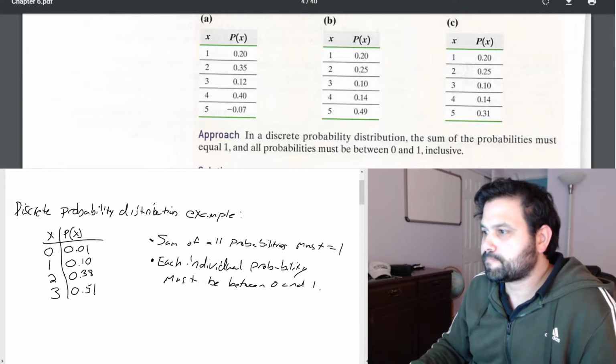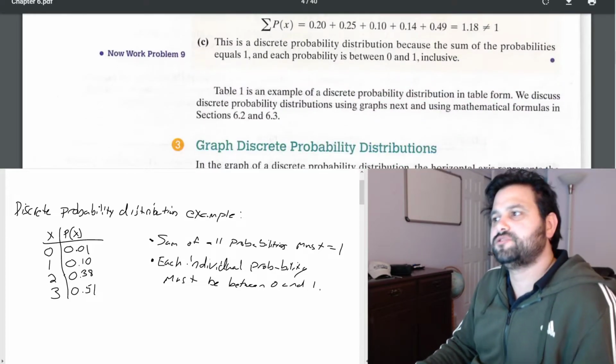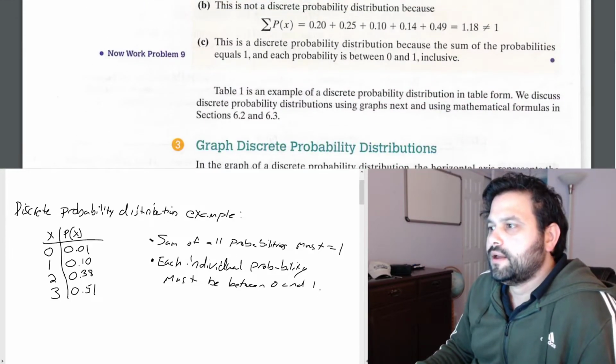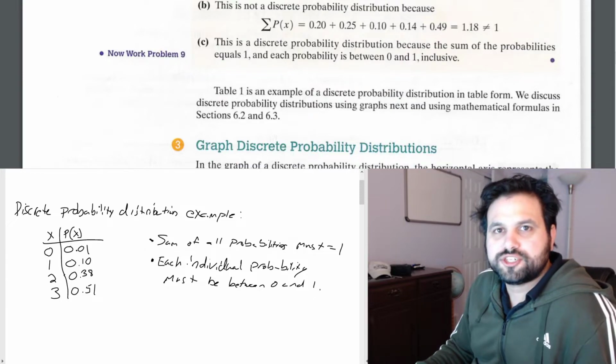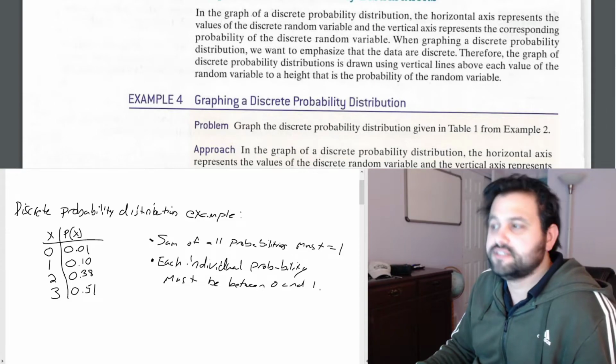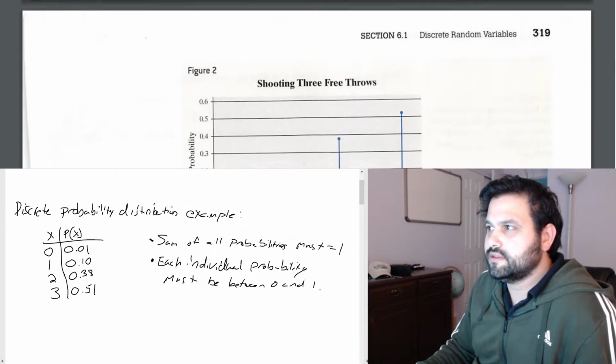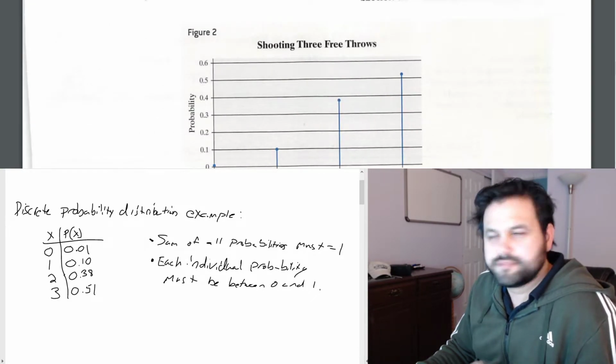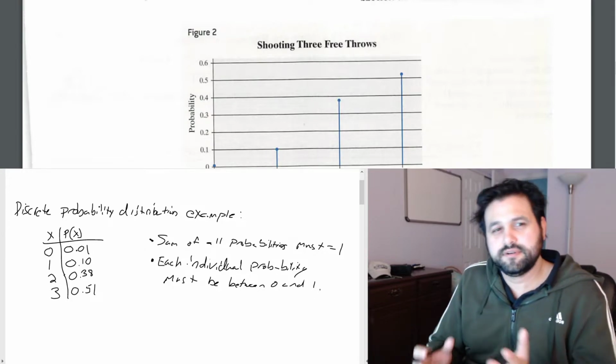Okay. The graphs of discrete probabilities, we're not going to go too much into these graphs, but it is nice to know that we can graph these things. They look a little strange because it's a discrete distribution.